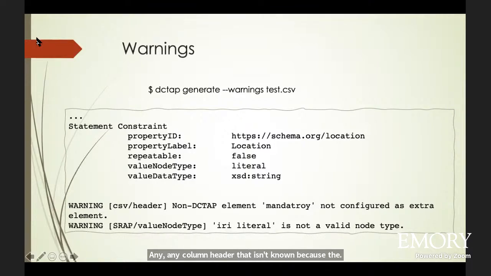So it'll tell you if it runs into a column header it doesn't recognize. And then I will show you how you can configure it if you wish to add column headers. It also does some checking of the contents, but not a great deal. So again, it's pretty flexible.